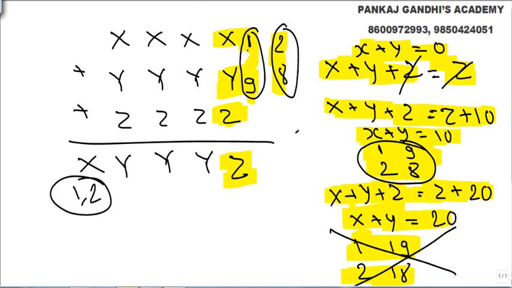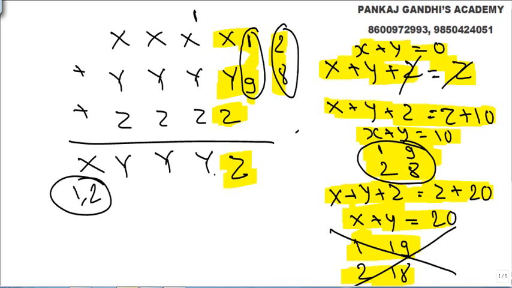These two possible answers are there. So in any case, 10 plus z, simply when we get 1 plus 9 plus 7, what do we write? 17 and carry 1. So the same way, we have got carry 1 here.